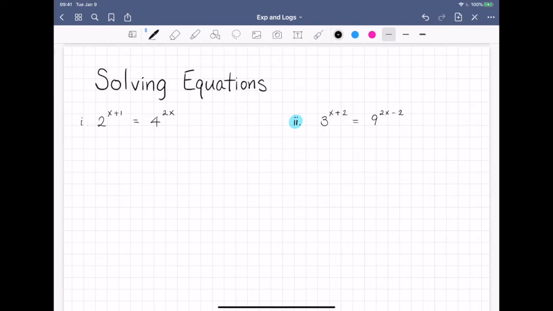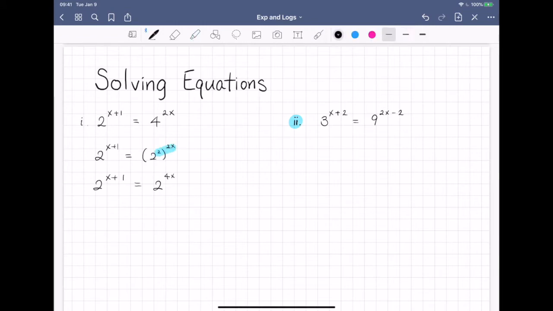So the idea here is to change the right side and change 4 as 2 squared, like so. All right, then using the exponent rules, instead of writing 2 squared to the 2x power, I'm going to rewrite that as 2 to the 4x. Multiply those.